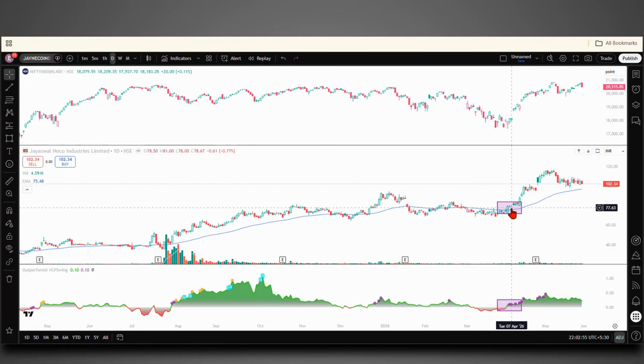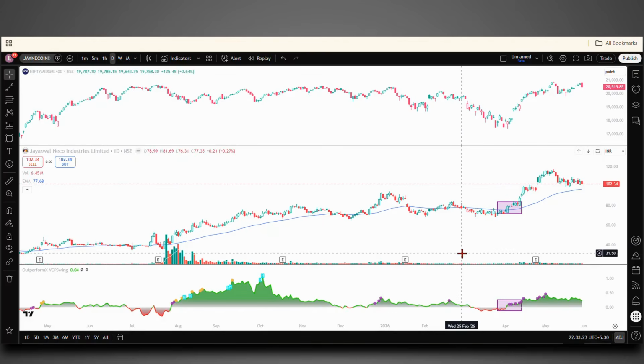This is when it came in my scanner, and I also saw that during this period only the stock had been giving multiple purple dots. That is, in this time, the stock had been hitting new outperformance highs many times. So, this was just a boost to my confidence to not ignore this stock but to track it more attentively and enter the stock as per my own system.